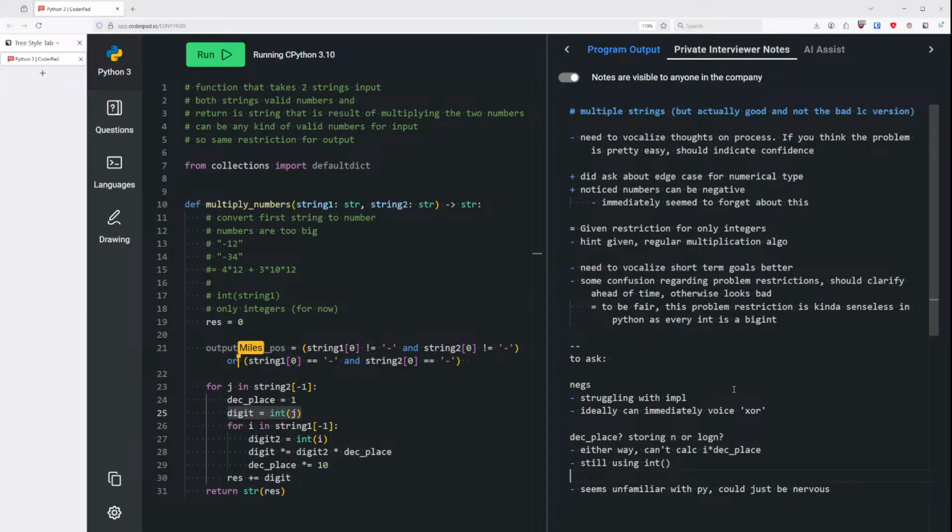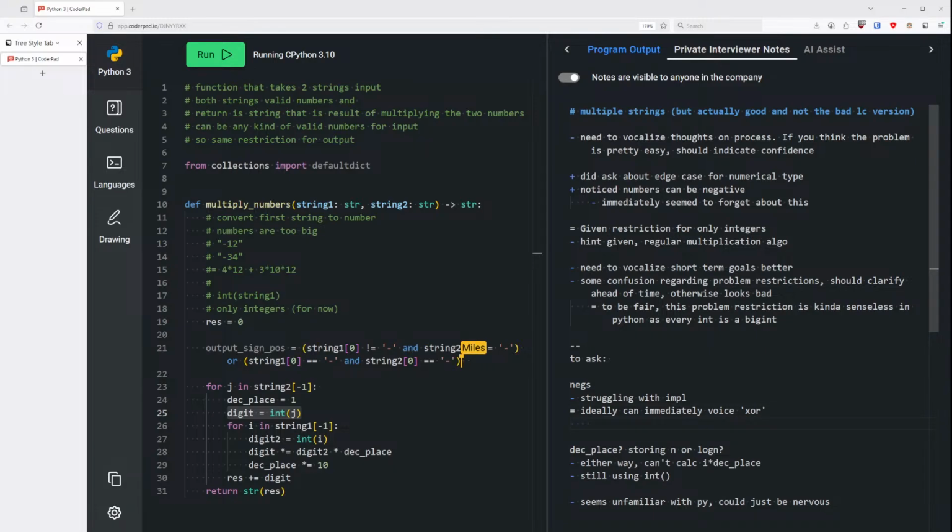I guess the best way would be XOR for checking if they are negative and finding if only one of them is. But I think I'll leave that like that for now.